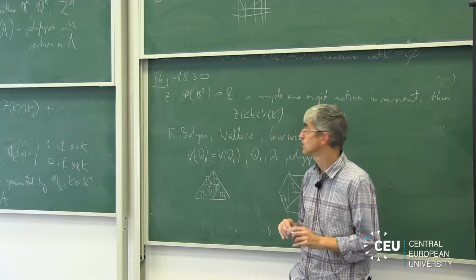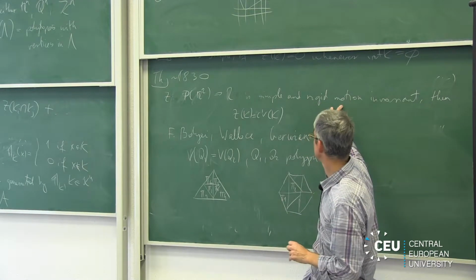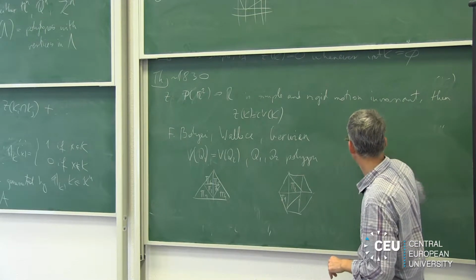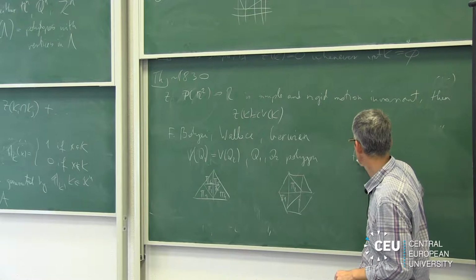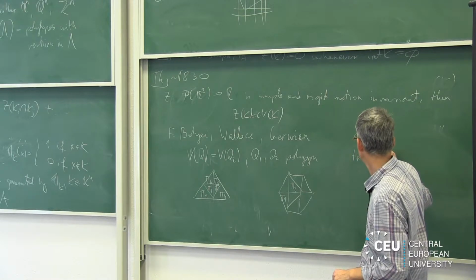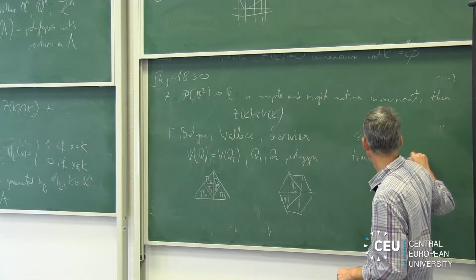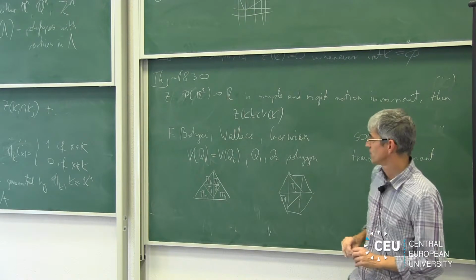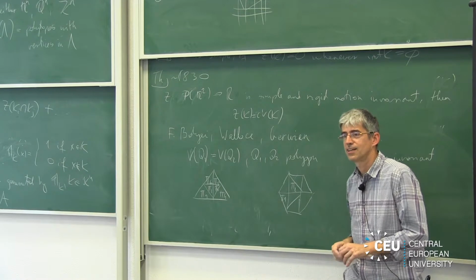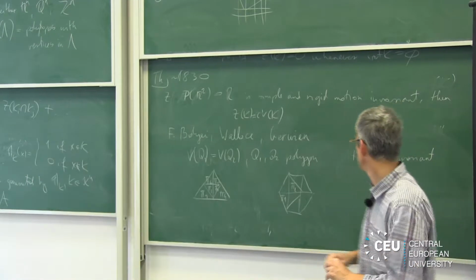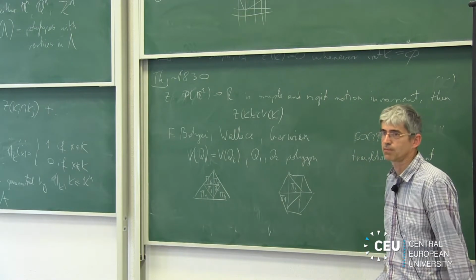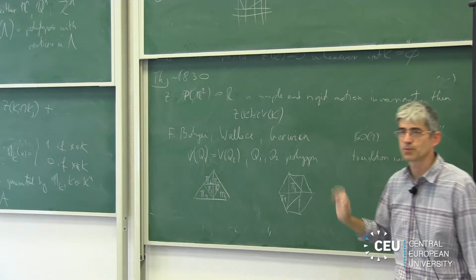It takes some time. So here, rigid motion means that it is SO2 and translation invariant. Probably originally it was O2, but it turns out that it works with SO2.